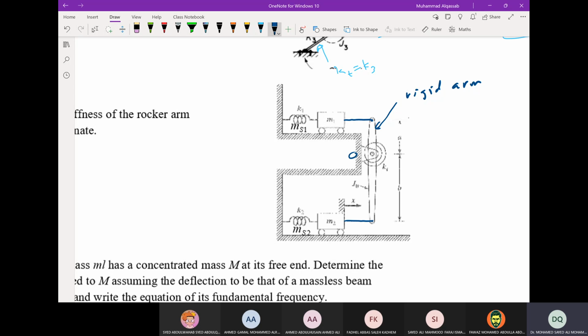There is no need for using the parallel axis theorem because JO is given directly. And at the pivot, we have KT as well given. Okay, you find the relationship. You can call this x1, moving with x1. This is moving with x2, and x equal to x2. And then you need the kinetic energy and the potential energy in terms of x, so that you get an equivalent spring mass system at x.